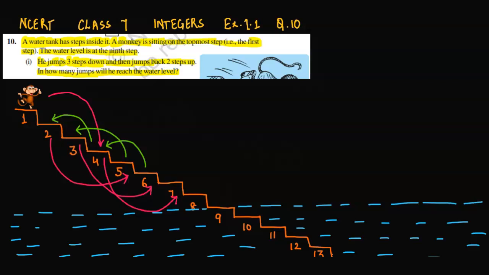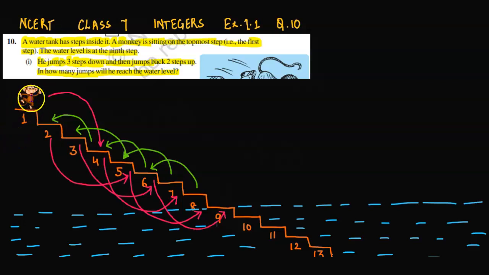jumps up by 2 steps, the naughty monkey goes down 3 steps, again hops up 2 steps, and now jumps again and he reaches the water level.